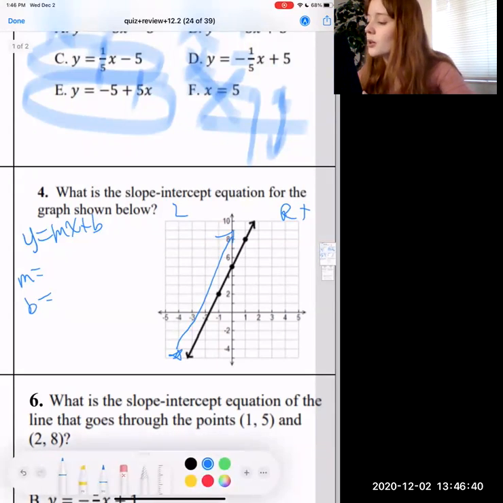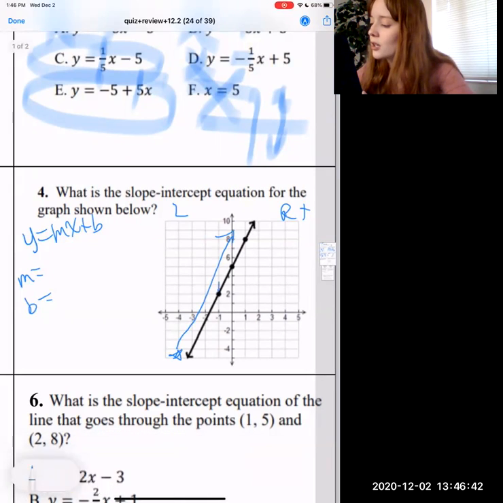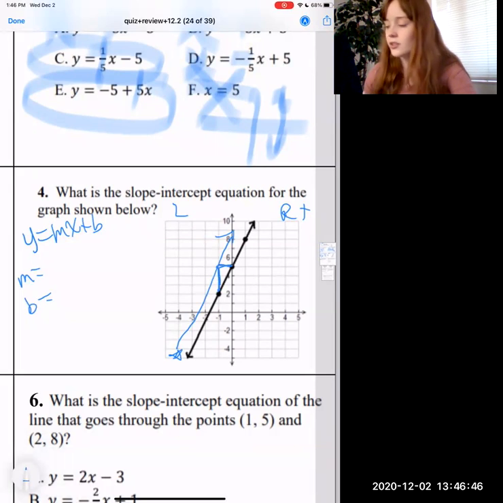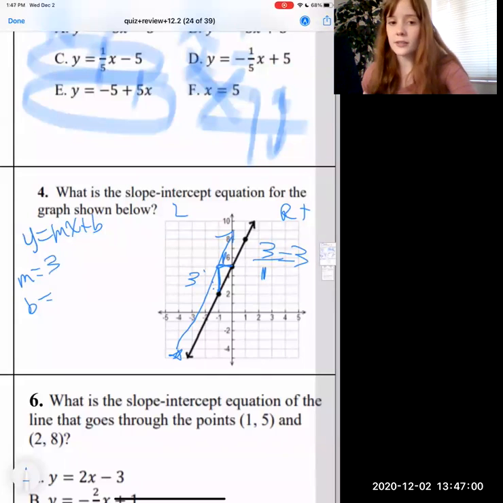To find the actual slope, we go between 2 lines. So here and here. In this graph, we go up 1, 2, 3. So our rise is 3, and we run 1. So our slope is +3. So our m is 3.